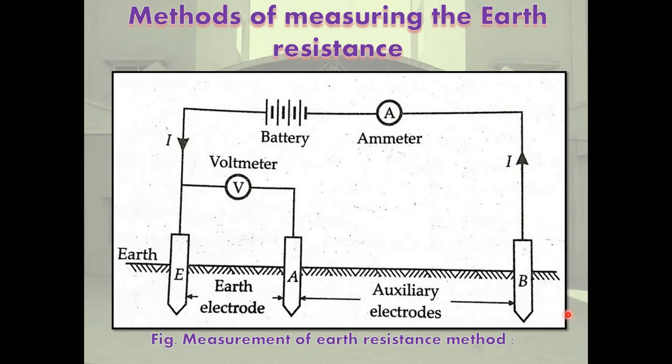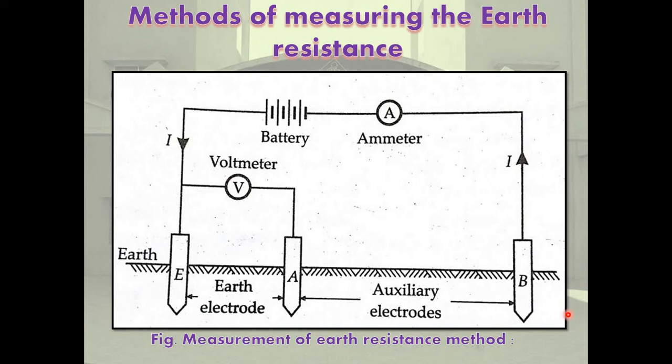The voltage spike should be greater than 5 km away from the earth mat under test. The voltage spike should be separated from the current spike by greater than 500 meters in a marshy or wet place. The angle between voltage conductor and current conductor should be greater than 90 degrees, preferably 180 degrees.